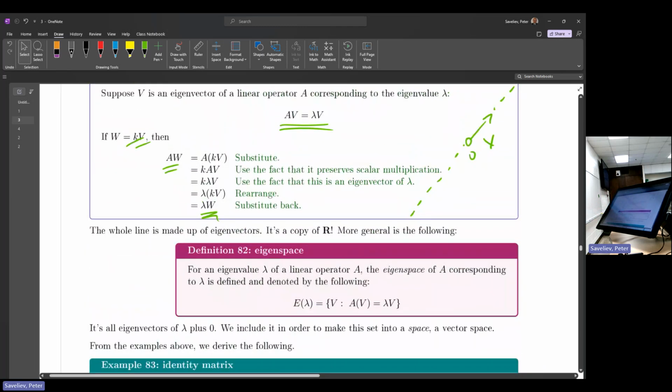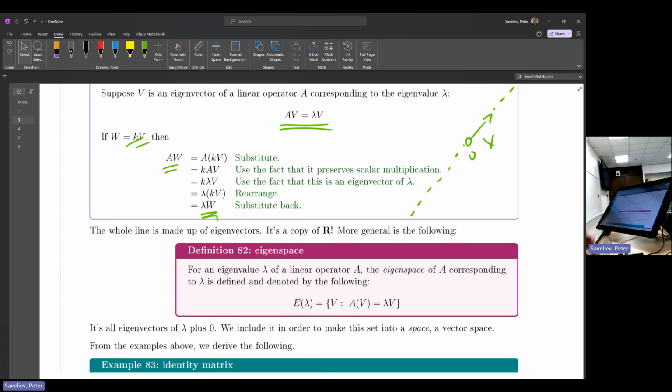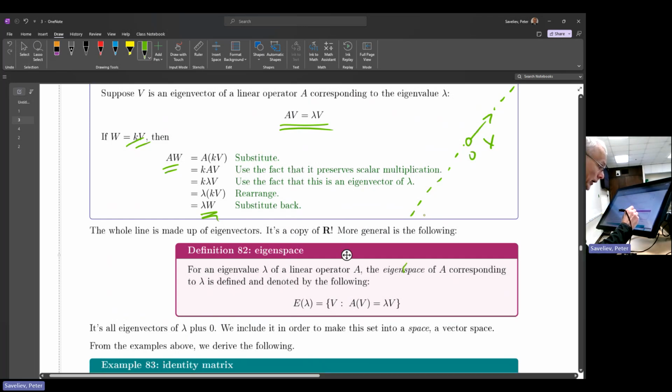So that's called the eigenspace. You can tell why. It consists of all multiples of vector b, which is what the picture shows right there. Why is it called eigenspace?